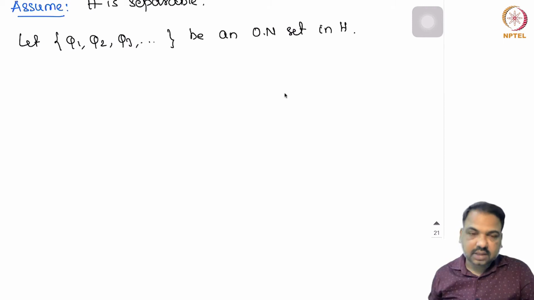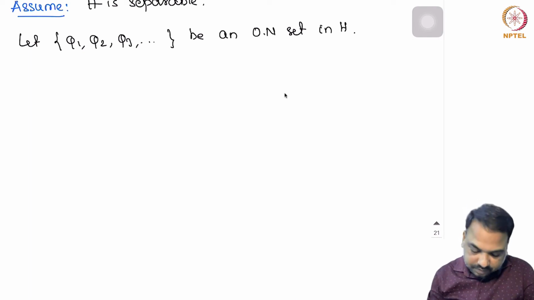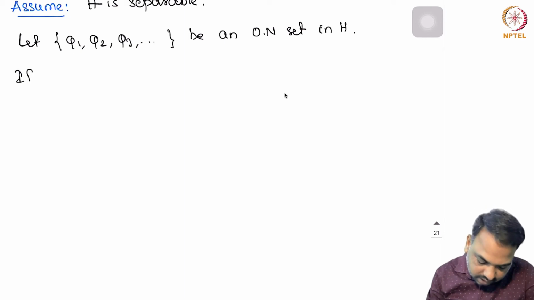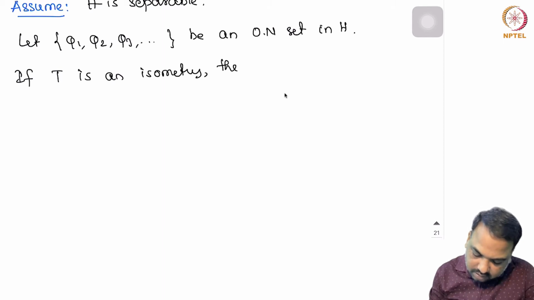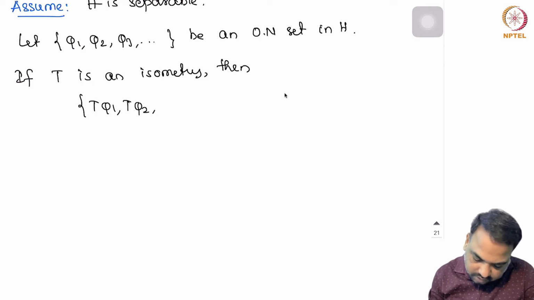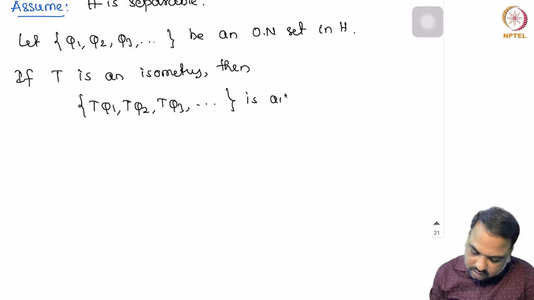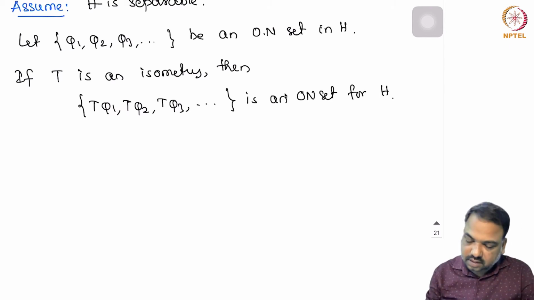So we can say that the image of this set under T is also an orthonormal set in H. So if T is an isometry, then T phi 1, T phi 2, T phi 3, and so on, is an orthonormal set in H.